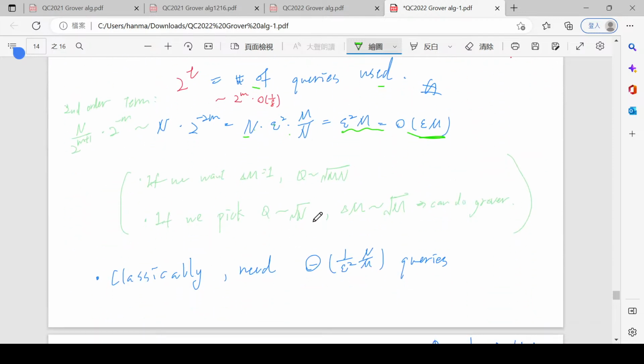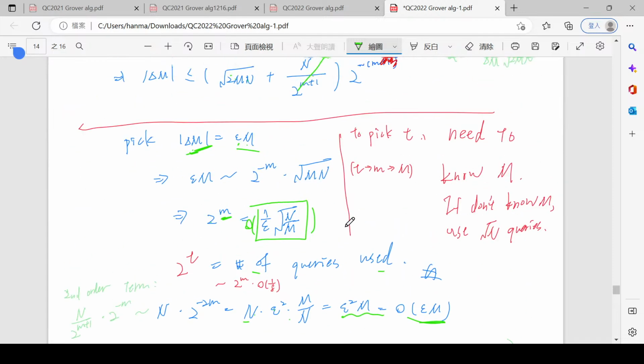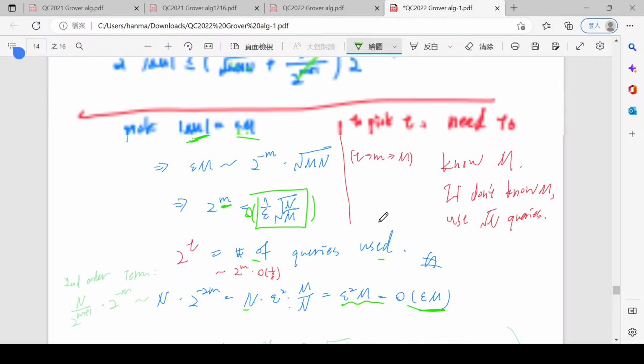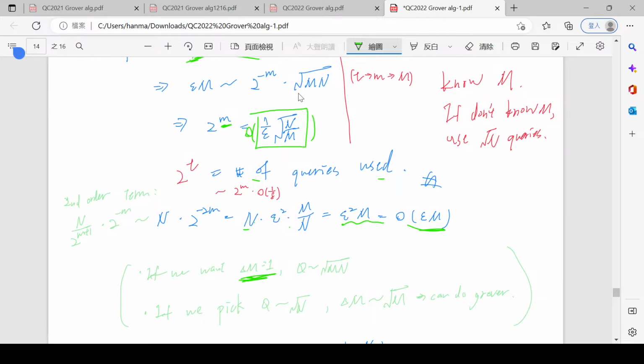So if we want to do our counting very exactly, then the number of queries, as we said, so we want delta m equal to 1. That's when you want the m to be precise, then you put into this formula delta m equal to 1 and epsilon about 1 over m. Then the number of queries you need is square root n.